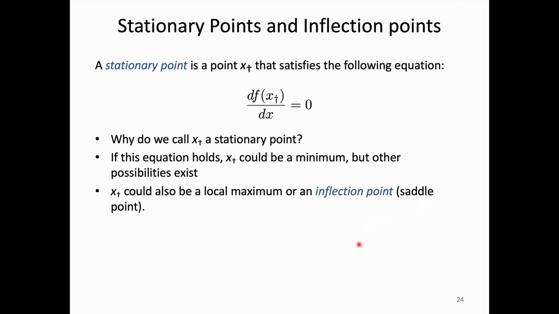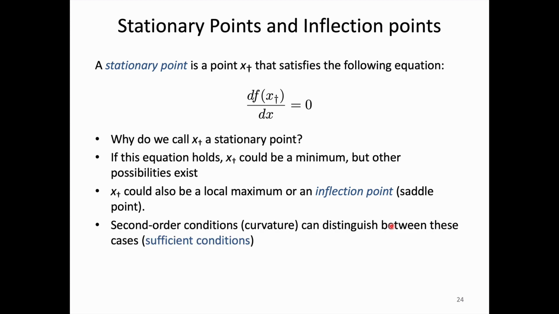That's what we call an inflection point or a saddle point. So at that point, the derivative may be 0, but it's also an unstable stationary point. If we have a disturbance, it could roll downhill. Second order conditions related to curvature will help us to distinguish between these cases: a local minimum, local maximum, or an inflection point.